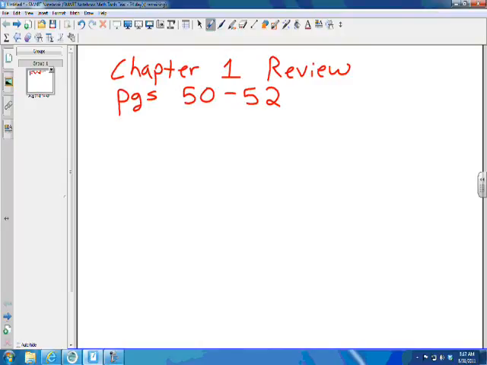Okay? So looking at section 1 there, the reason I like this review, which is pretty much what we'll normally do for a review, is it splits it up into sections, lets you know exactly what you need to know out of each section. And on section 1 there on page 50, we will do problems 11 through 18.